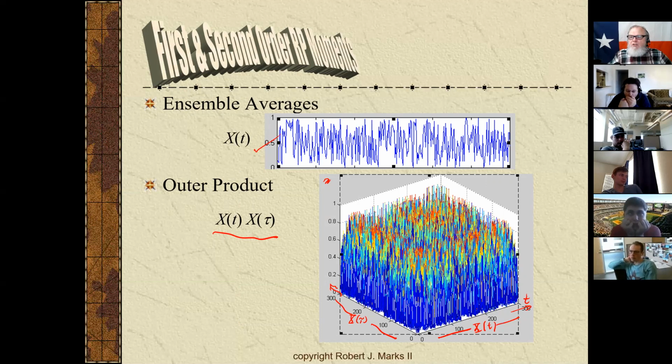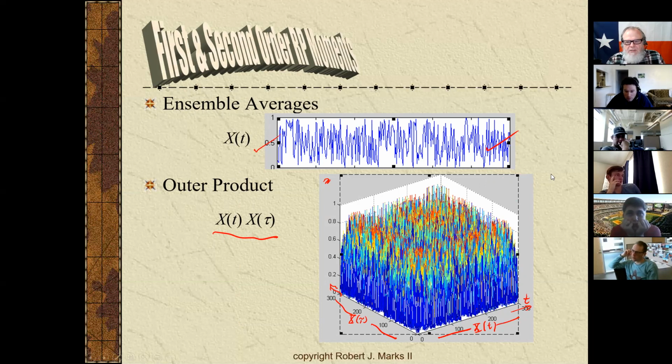Now, if we were to do this for a bunch of realizations of x of t up here, and we were to average them together, what should we get? We should get eventually the autocorrelation, or autocovariance if we subtract off the mean.